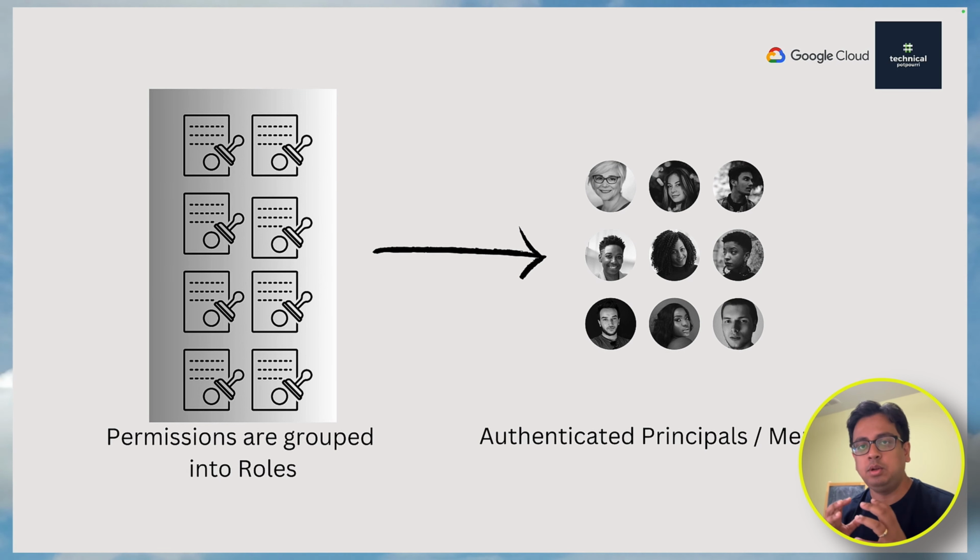So what I'm trying to tell you is that instead of giving individual permissions to different people, you combine multiple permissions into a role and then provide that role to the individual so that they can do actions on those resources based on what permissions you provide in that role. So understand, in Google Cloud, we never provide direct permission to individuals. Rather, we group permissions into roles and provide roles to the individuals.